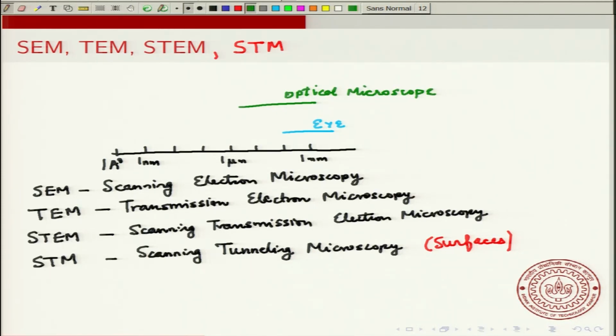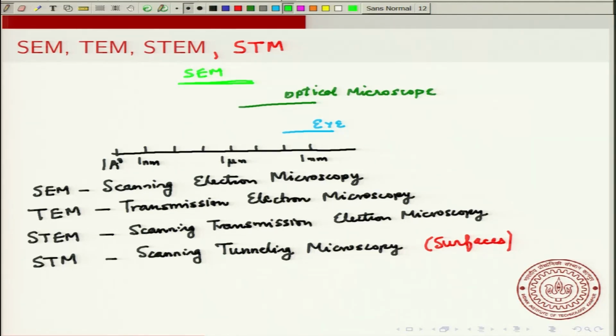On the other hand, a scanning electron microscope can take you almost up to 10 nanometers. So this whole range is covered by the SEM.